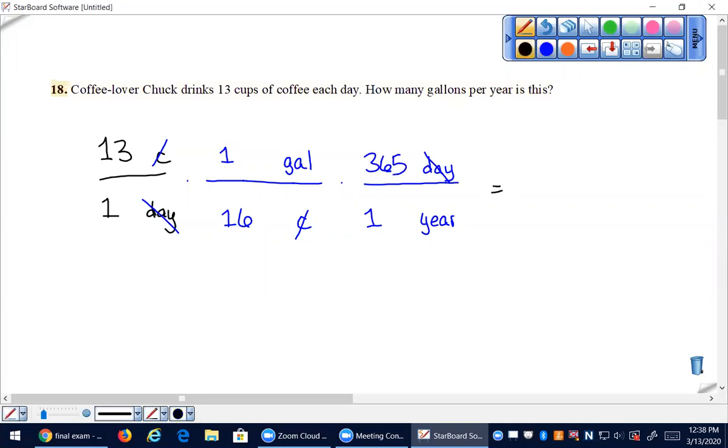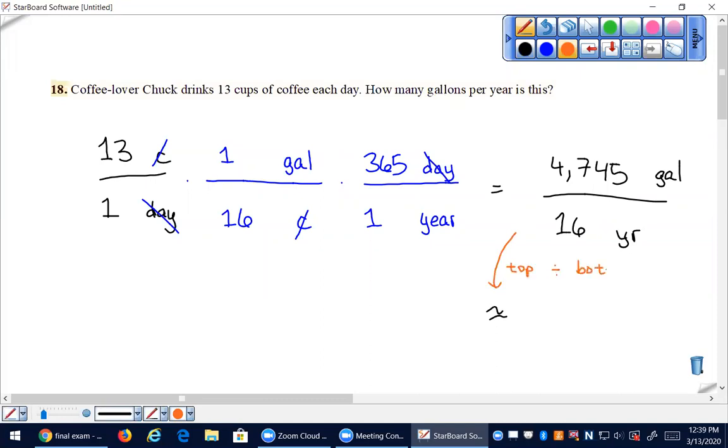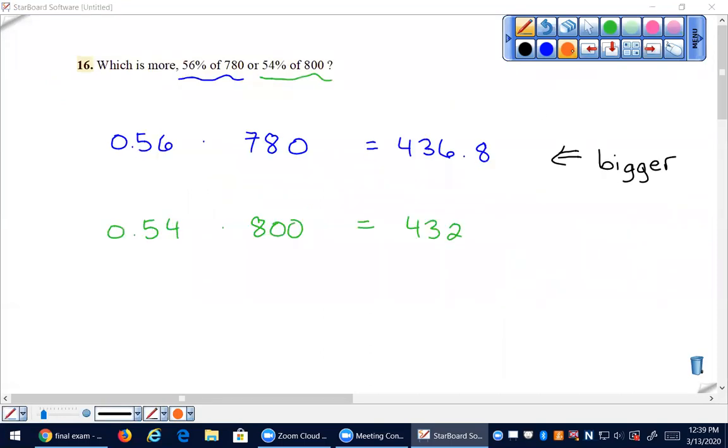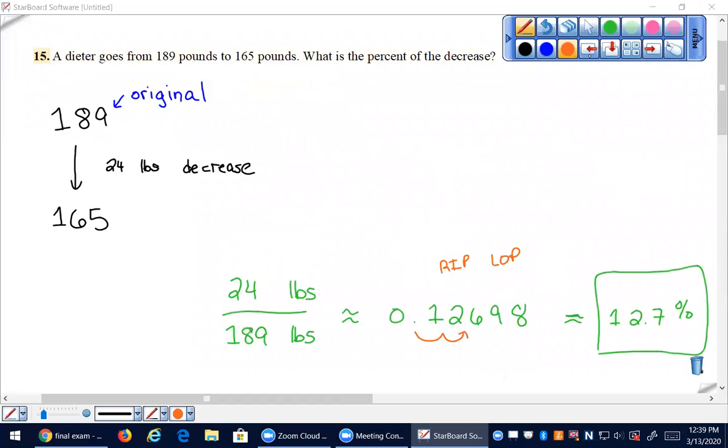So multiply across the top, 13 times 365. Multiply across the bottom. Then divide top divided by bottom, because that's how we get decimals, just like we did there, right?